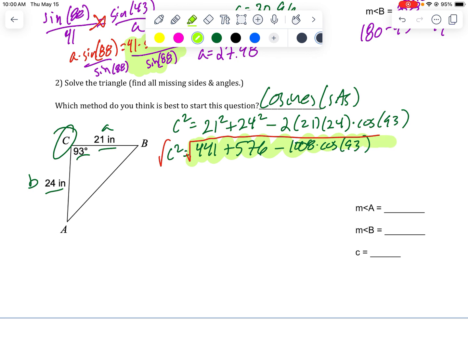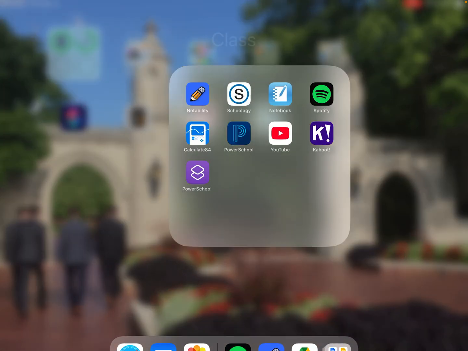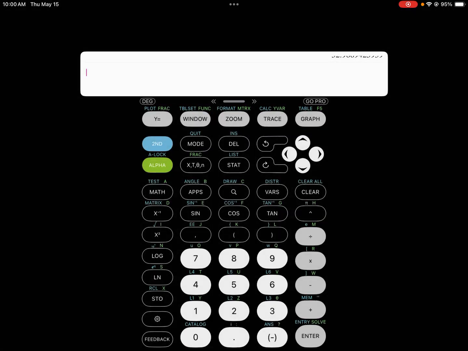Now you could have done just the square root of 21 squared plus 24 squared minus 2 times 21 times 24 times the cosine of 93. I just showed this step here that I highlighted, just a little bit easier. I'll show you what I mean. Let's just try this here, just so you can see it live.